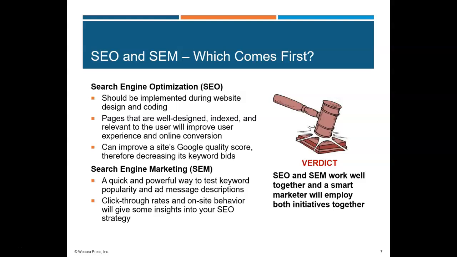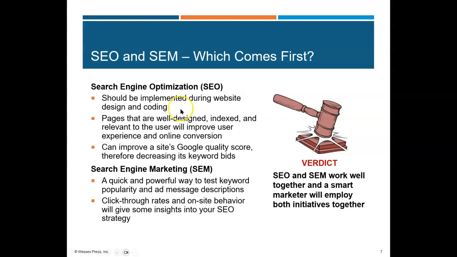It can improve a site's Google quality score, therefore decreasing its keyword bids. On the other hand, search engine marketing, SEM, is a quick and powerful way to test keyword popularity and ad message descriptions. Click-through rates and on-site behavior will give some insights into your SEO strategy.